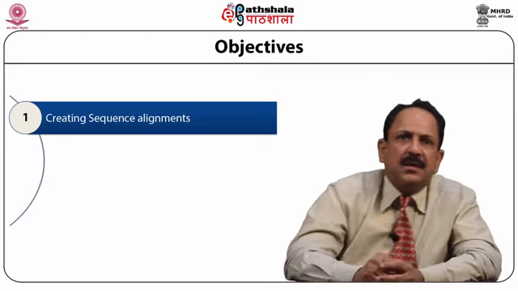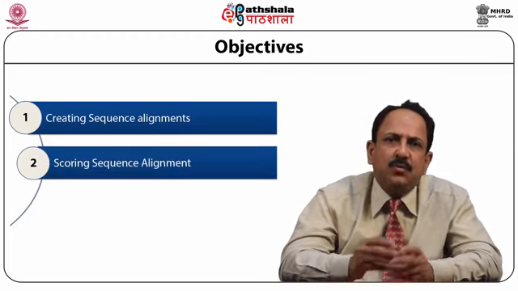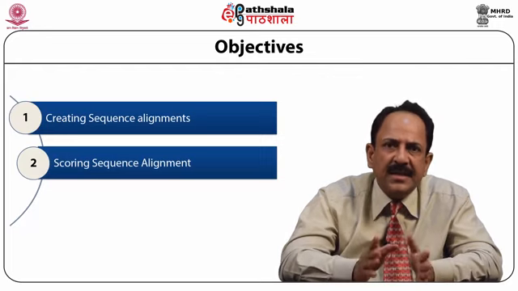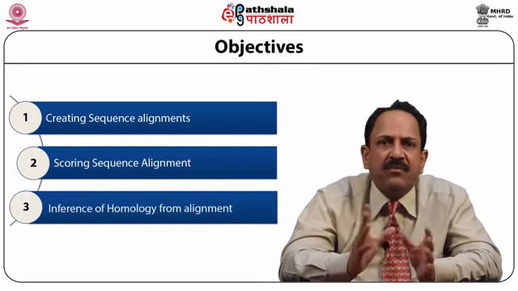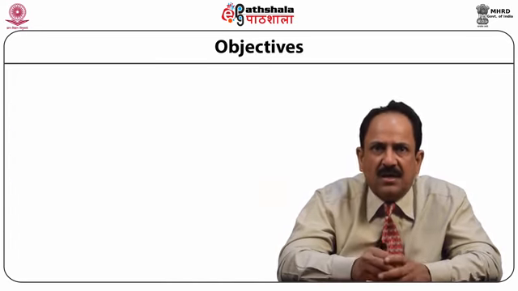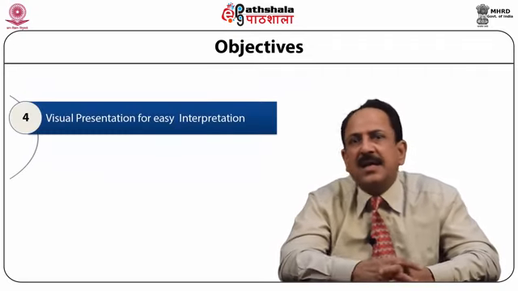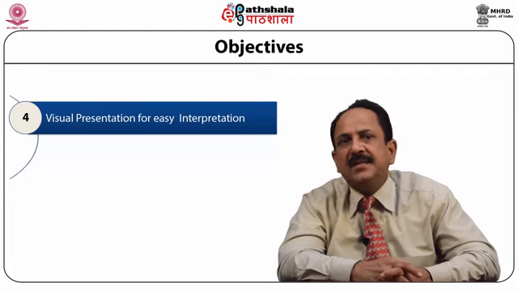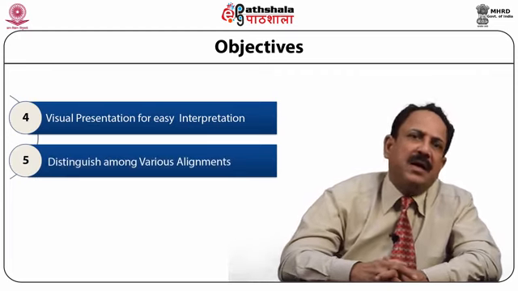We'll then score the created sequence alignment to measure pairwise sequence similarity to draw an inference of homology. We'll also learn the visual presentation of the sequence alignment and distinguish among different types of alignments.